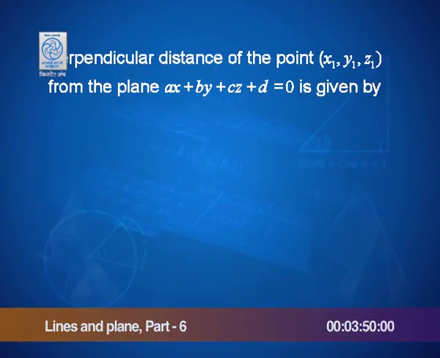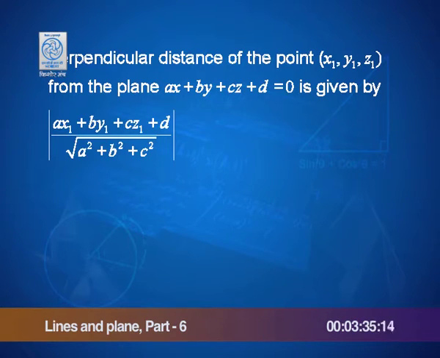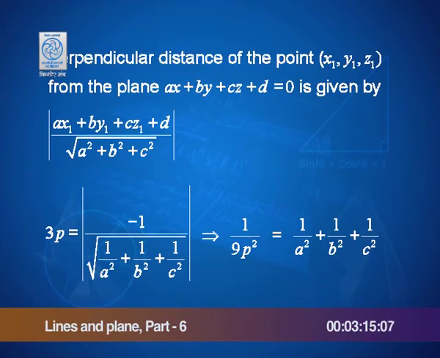Also, we have a small result which suggests that the perpendicular distance of a given point, say (x1, y1, z1), from a given plane ax plus by plus cz plus d is given as the absolute value of the quantity ax1 plus by1 plus cz1 plus d by under root of a squared plus b squared plus c squared. Using this result and following the condition given that origin is at a distance 3p, so, (0, 0, 0) is at a distance 3p from the plane x by a plus y by b plus z by c equal to 1.